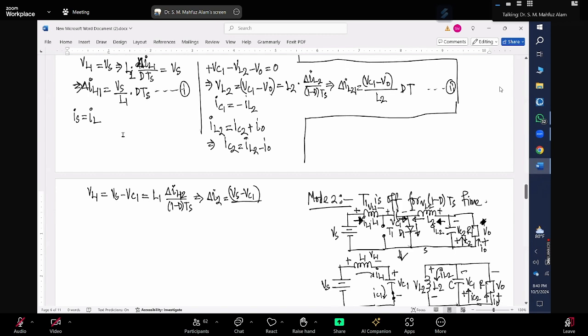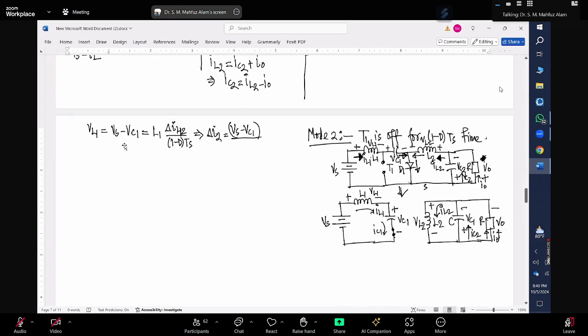So the charging state we are considering as 1 and the discharging phase we are considering as 2. So that should be equal to L1 multiplied by (1 minus D) multiplied by Ts. So that should be the inductor voltage.